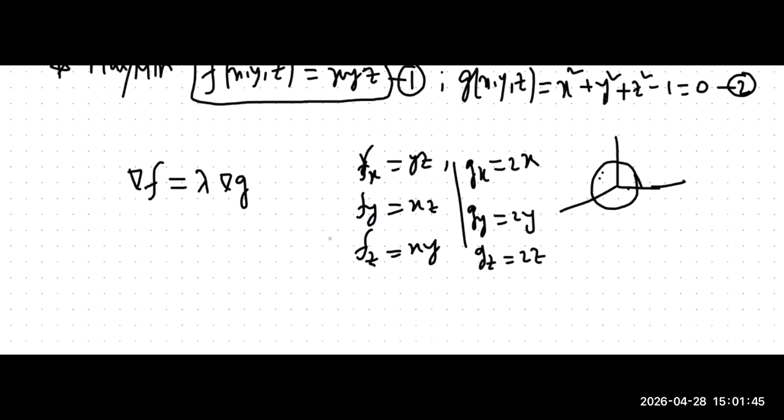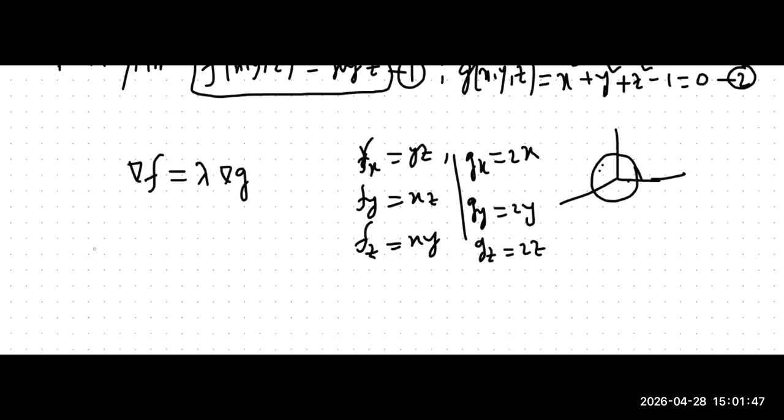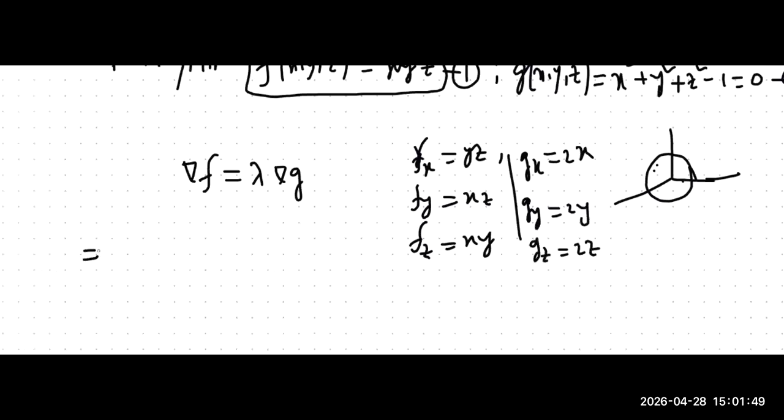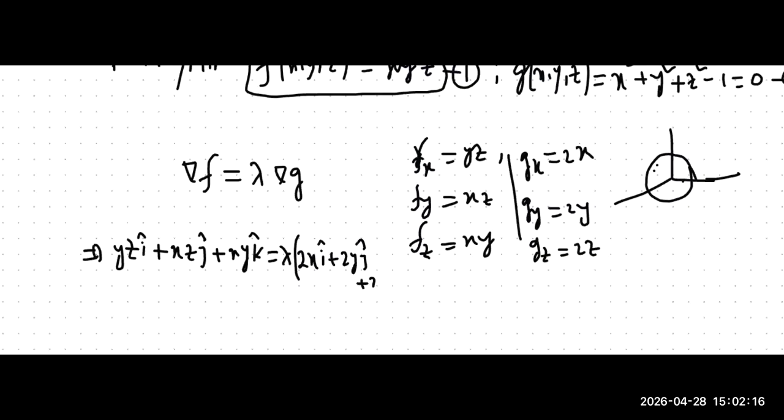Okay. So from this equation, del f is yz i cap plus xz j cap plus xy k cap equal to lambda times gradient of g: twice x i, twice y j, twice z k cap.